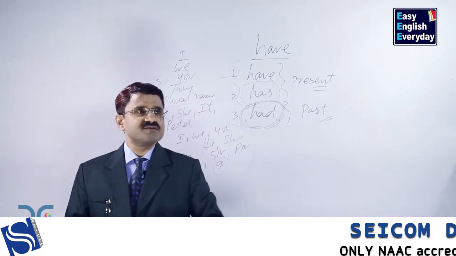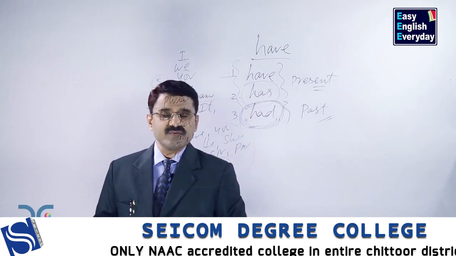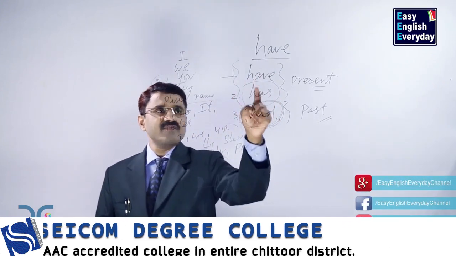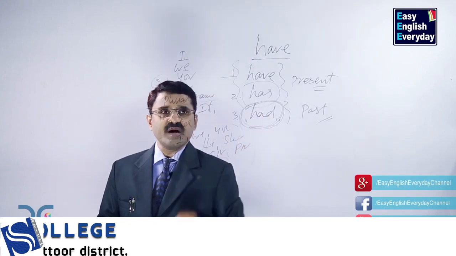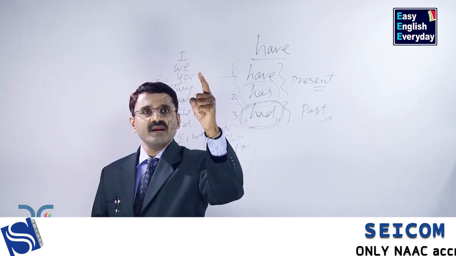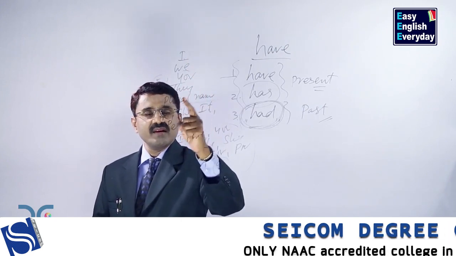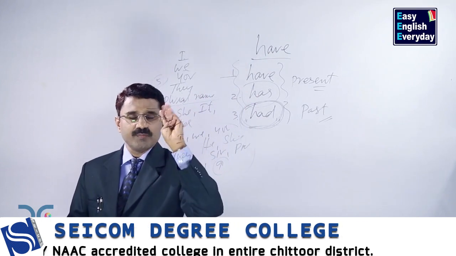I repeat once. Have, has, had. These are the 3 members of have family. Have and has indicate present tense. Had indicates past tense. Have can be used by I, we, you, they and any plural name. Has can be used by 4 people.